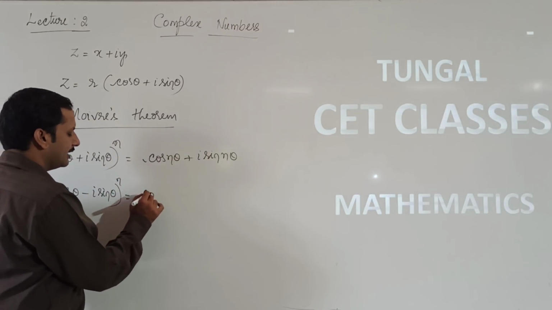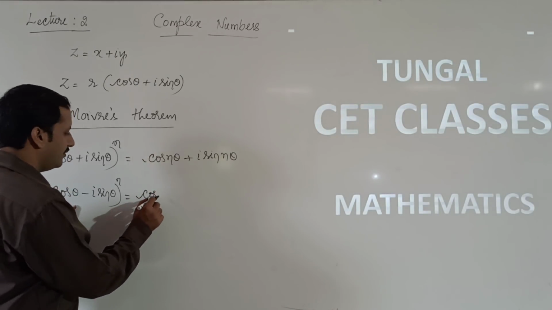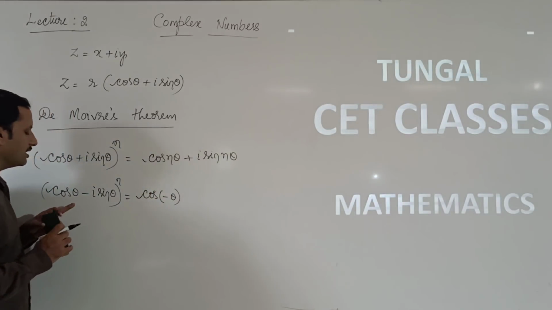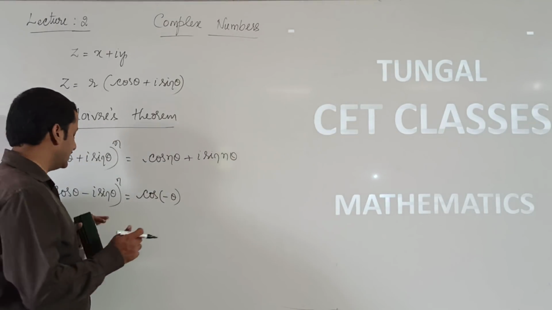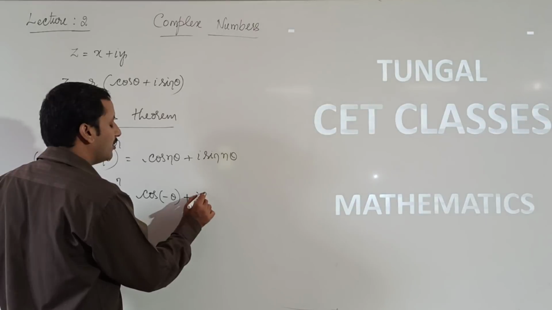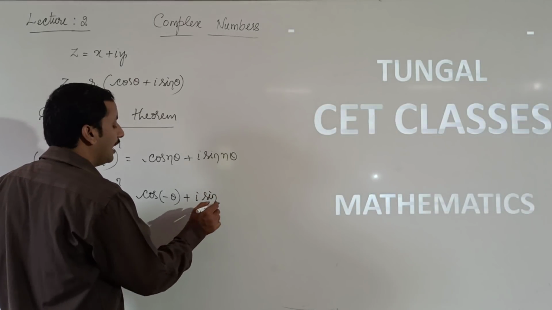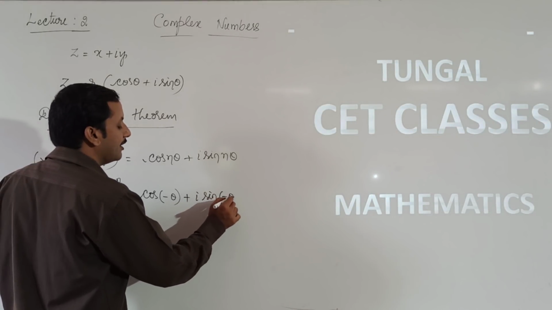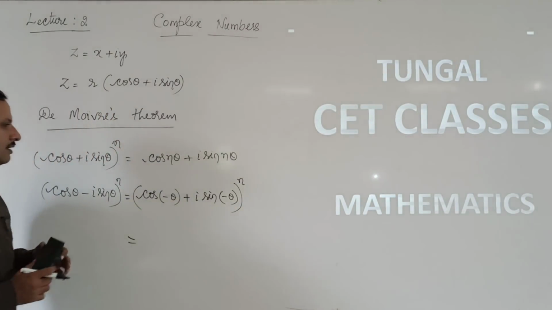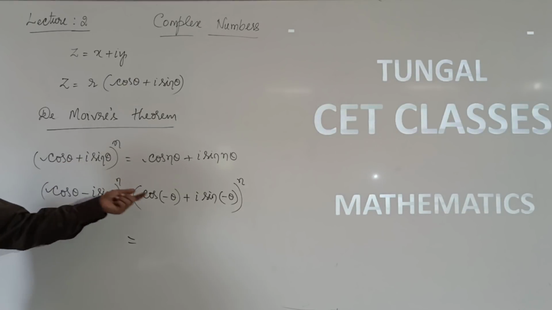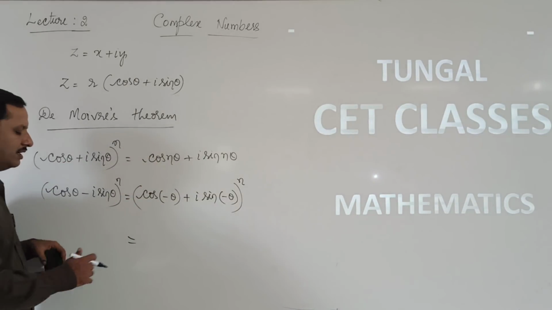Then I can write like this: cos of minus theta. I am writing cos theta as cos of minus theta, okay? Because we know cos of minus theta is cos theta itself. And here you have minus i sin theta. No, I am writing that as i sin of minus theta whole power. Okay. Now it is of the same formula. Instead of theta, we have minus theta. That's all. Use the same formula here also.